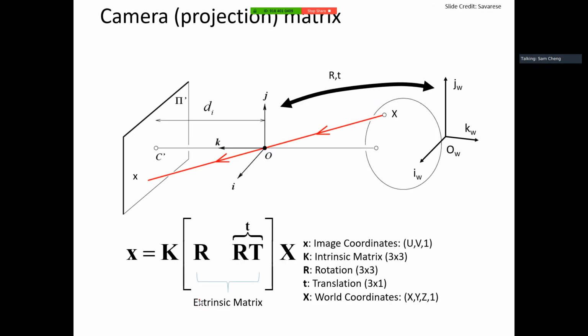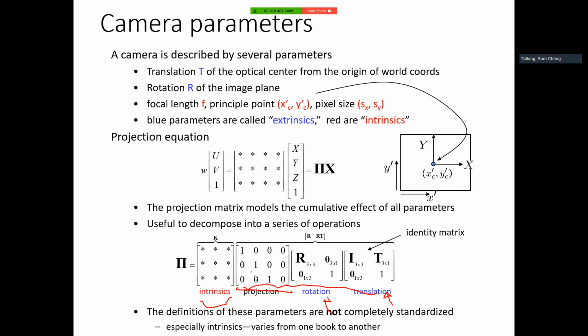So the extrinsic one, as we see, if we multiply this one, this is like R, T plus I, I, T here. So this multiplied by this is what? We can do block multiplication, right? So we have 4 blocks here.